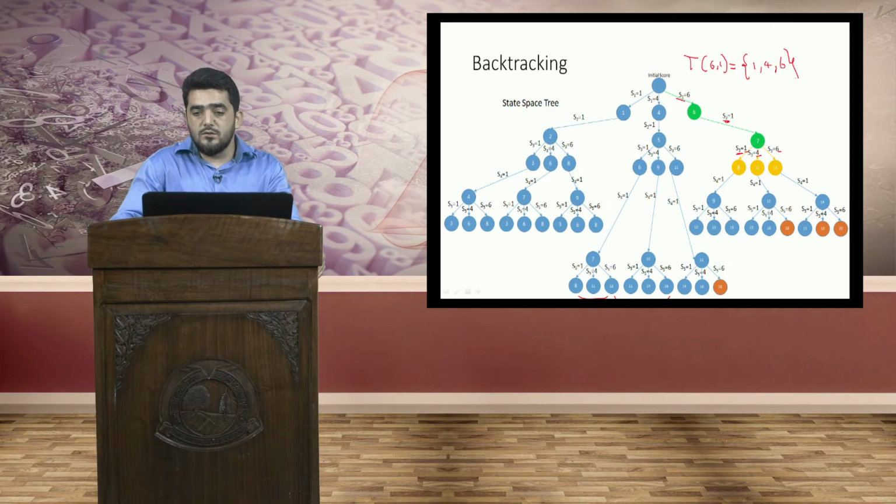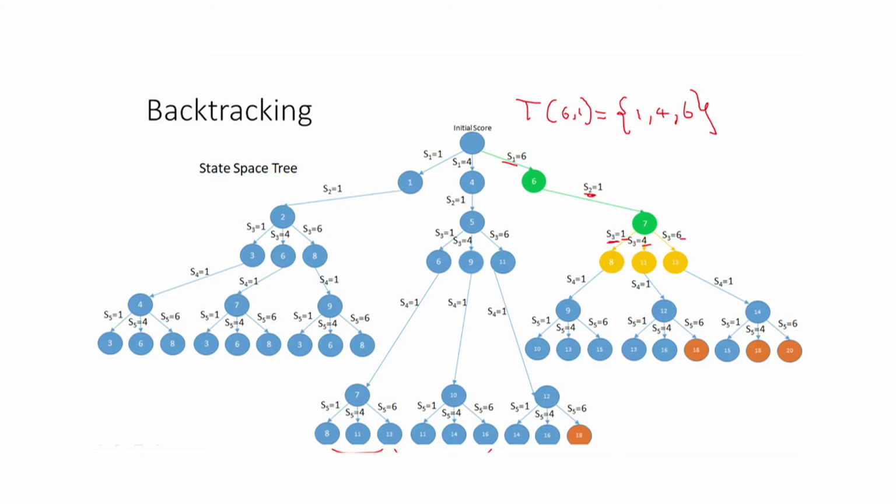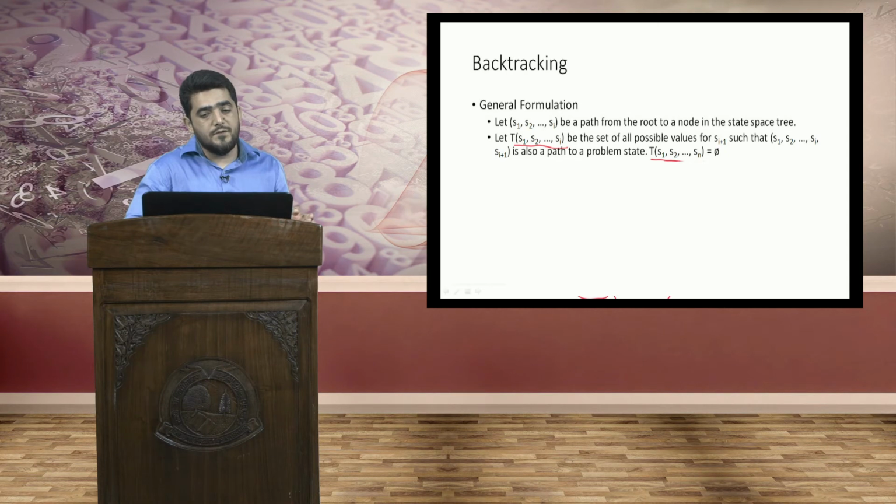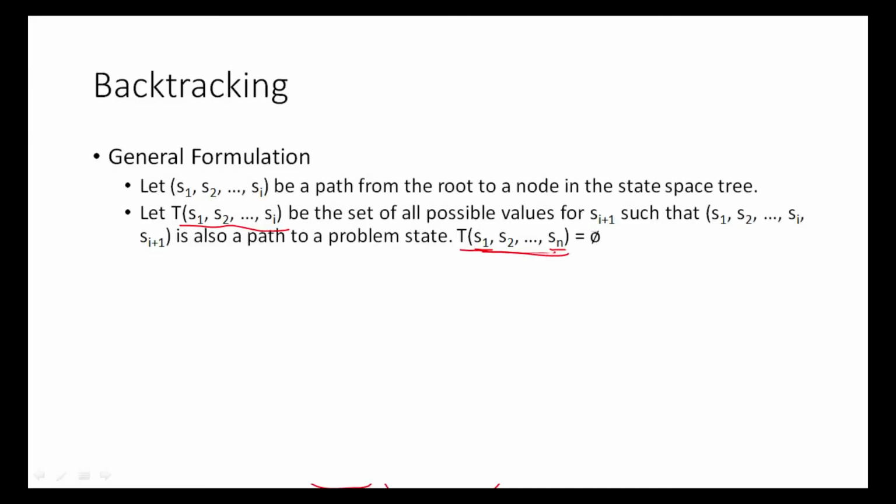These are the values that will be returned by this function. So, let T of S1, S2, up to Si be the set of all possible values for Si plus 1 in the next step, such that S1, S2, up to Si plus 1 are also a path in the state space tree. It is obvious that for the path from the first node to the last node, meaning you have exhausted all the steps, T of such a path is simply equal to phi.